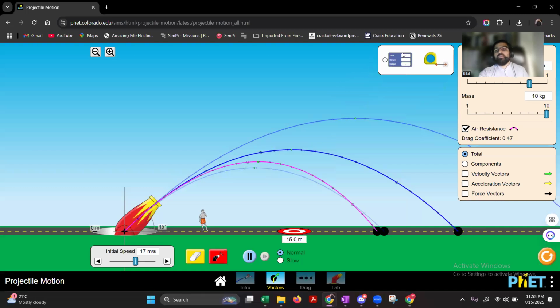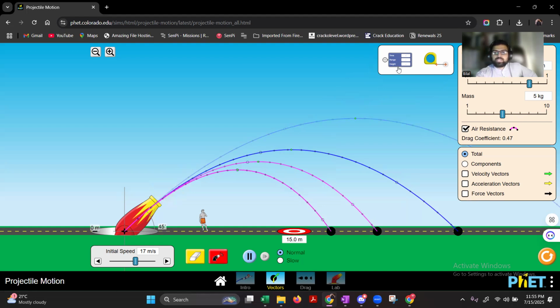So if you take into account the air resistance, you will not get the same range or same height. The air resistance will make these things smaller.